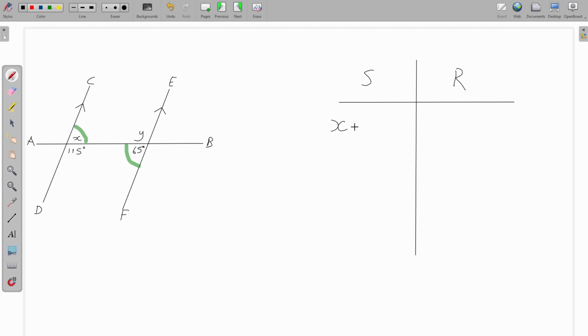So my statement would be X is equal to 65 degrees. My reason, alternate angles, and the parallel lines I used were the lines CD, EF. CD parallel to EF.